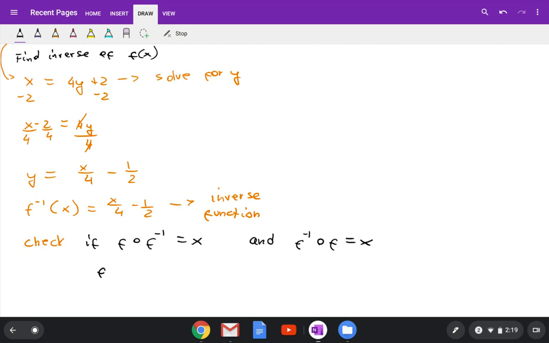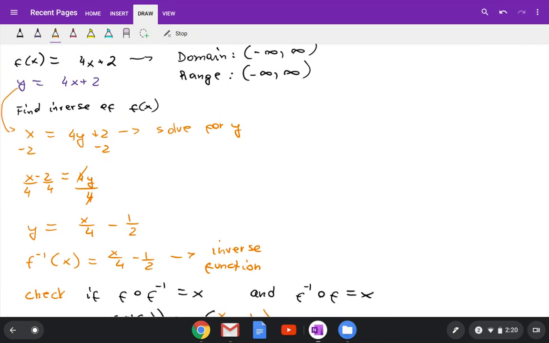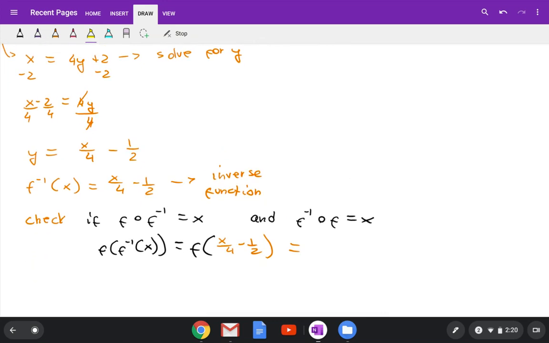So f composed with inverse. Okay, the inverse function has an equation of x over 4 minus 1/2. So function f is outside. Function f has an equation right here, 4x plus 2. So we have 4x plus 2, and you're going to replace x with the inverse.